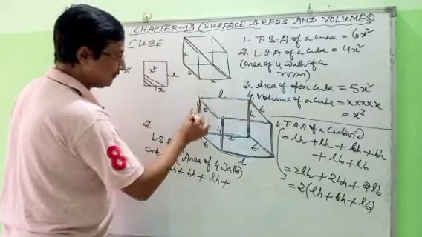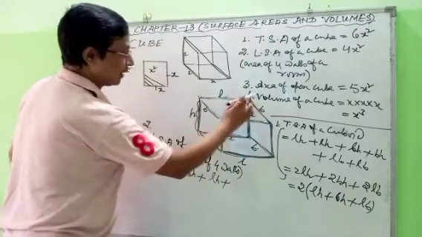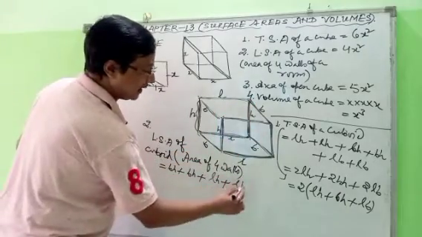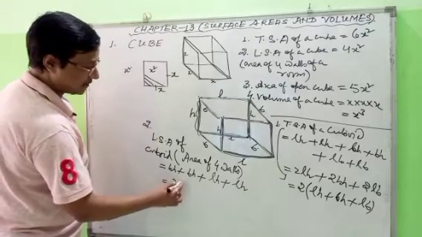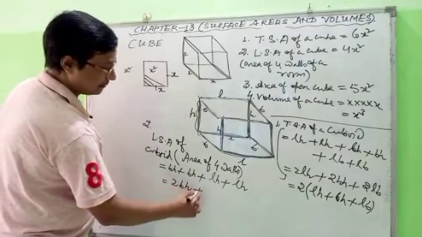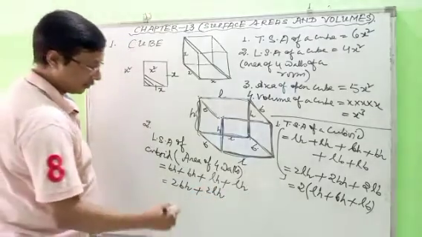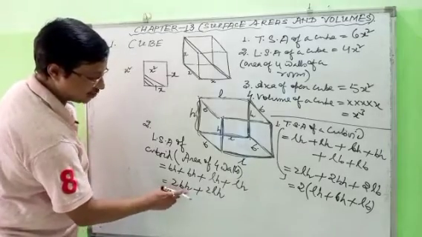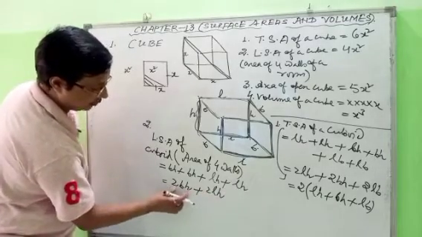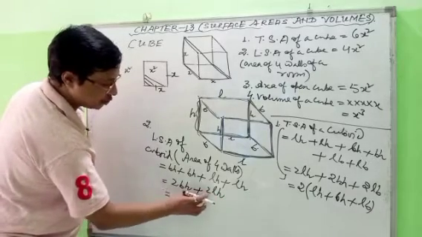So this is the front wall, this is the back wall. So you will get LH. Now you add these two, you will get twice BH plus twice LH. So if you take common between these two, you will get twice H. So in both the terms you have got common 2H.